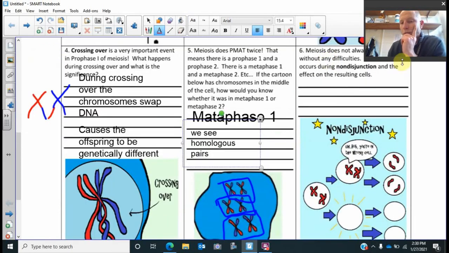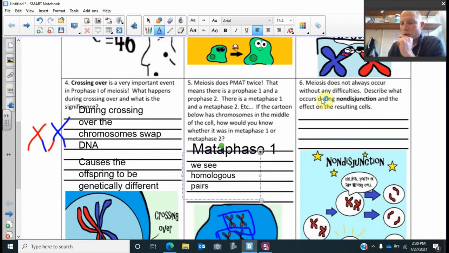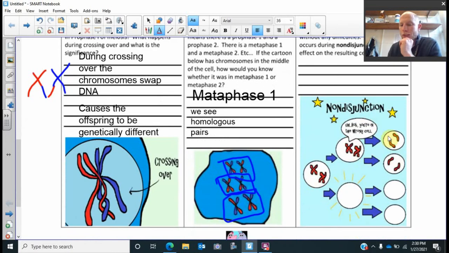Okay, and then over here, number 6 says meiosis does not always occur without difficulties. Describe what occurs during non-disjunction and the effects of resulting. So this is non-disjunction. We start out with 2 sets of chromosomes here, right? We start out with 2 sets, but then both of them go over here, and then they divide them up amongst these cells.